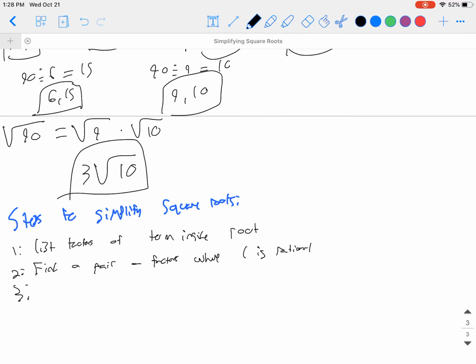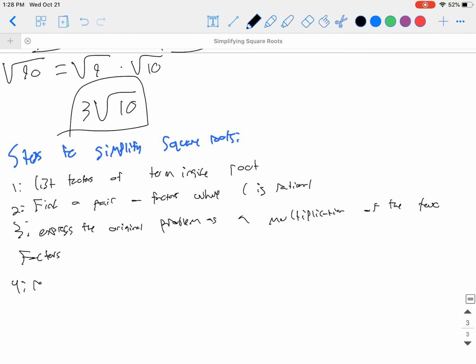Third, express the original problem as a multiplication of the two factors, and then we will repeat until there are no rational factors.